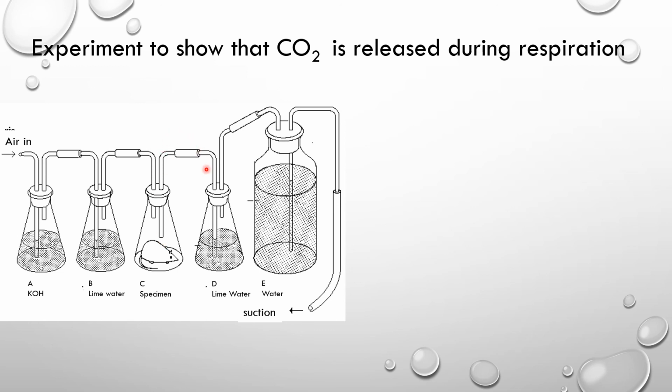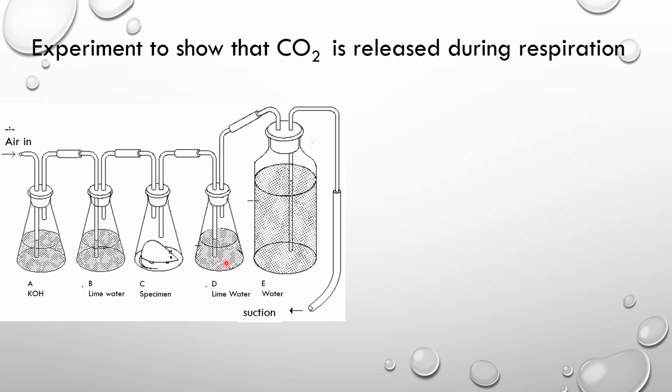So this conical flask D contains lime water. Here you can observe a color change in lime water, and this colorless liquid turns milky because of the incoming air containing carbon dioxide. That carbon dioxide is from the exhaled gas from this organism. So by this experiment you can clearly confirm that carbon dioxide is released as a byproduct during respiration.